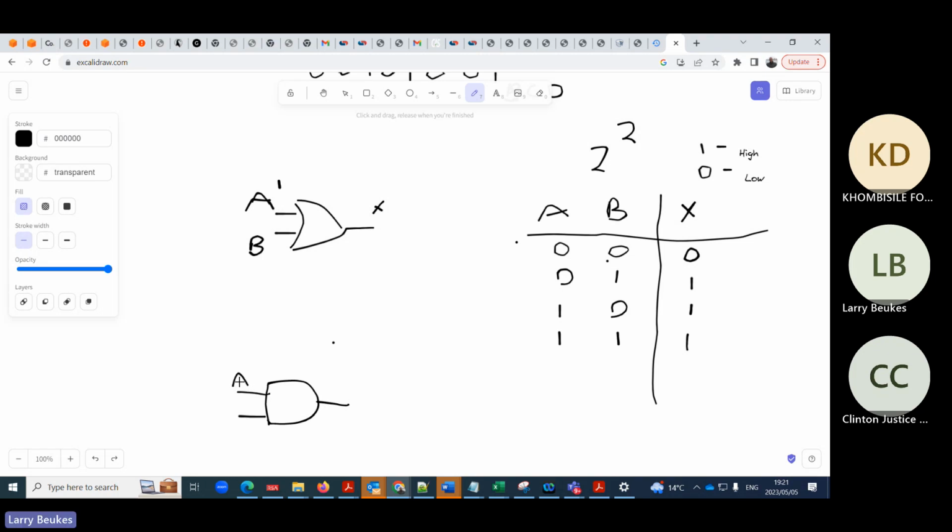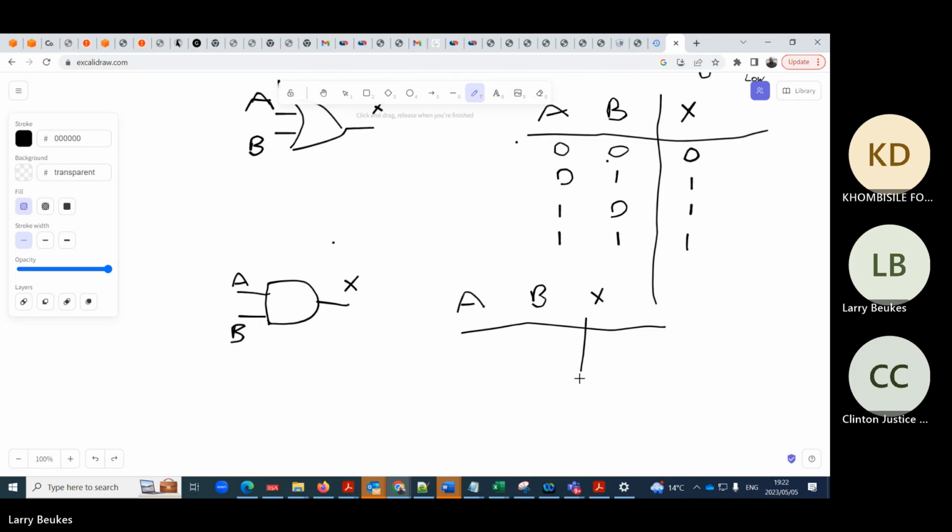So this will be A, this will be B, and then we can say this is X. So the truth table again, A, B, X. So this will be 0, 0, 0, 1, 0, 1, 0, 0, 1, 1 here. 1, 1.